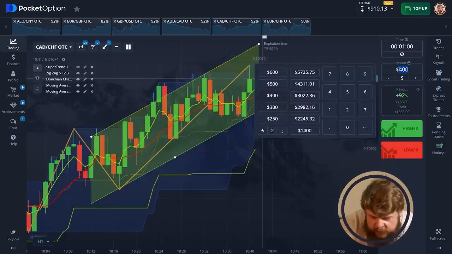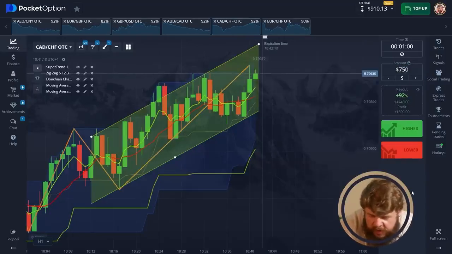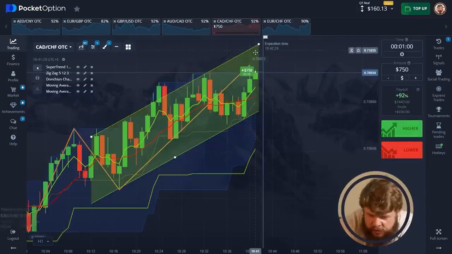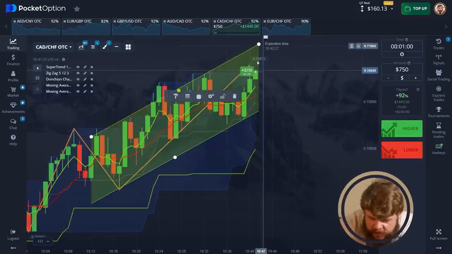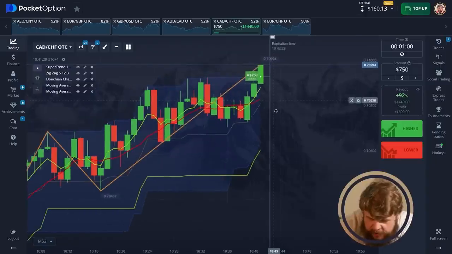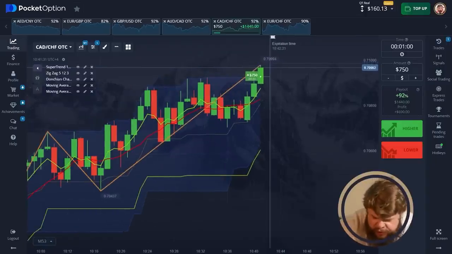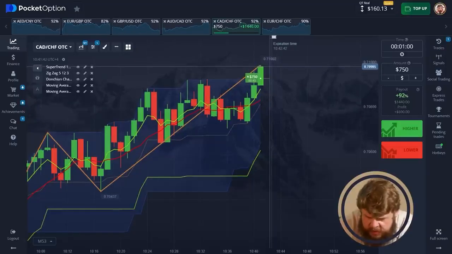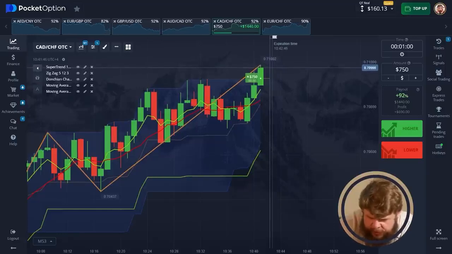So that's why let's change our investment to $750 and open a buy position, because we still have enough space for the growth until the price hits the upper edge. By the way, we have a really short time period of around 1 minute. So the price during this time will touch the upper edge, and we will start receiving just the beginning of the pullback reaction. So anyway, we will be in profit.